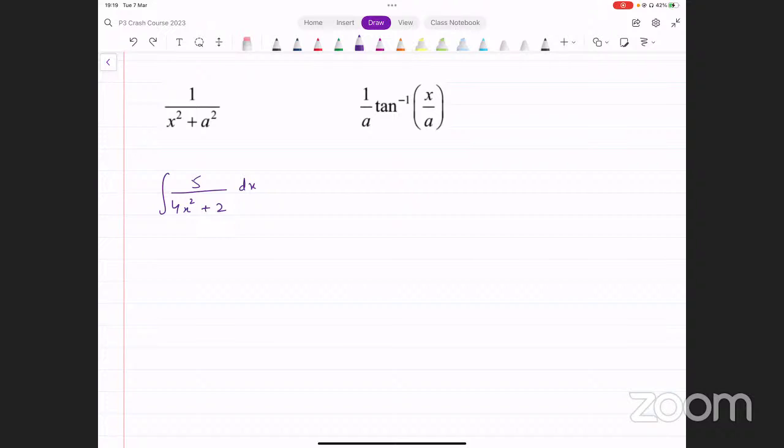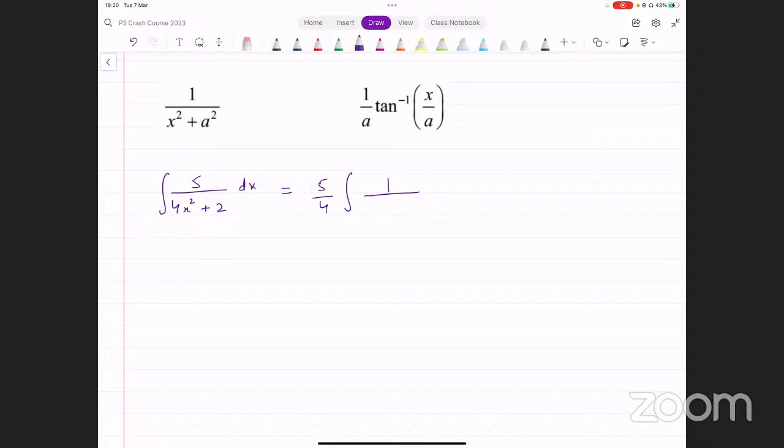How do you make the coefficient of x squared 1 here? What you can do is take 4 common outside from the denominator. First of all, you can write 5 outside from the numerator so that you have 1 inside. In the denominator, take 4 common.